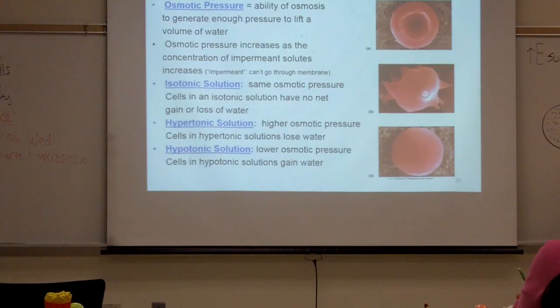Any solute, any atom or molecule. And there's not as much of the same molecule outside the cell. Think about which direction water will move in this circumstance. Not the solute. We're just talking about which way water is going to move.